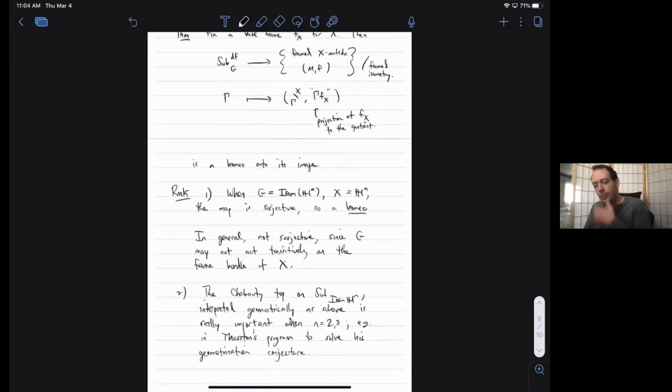So maybe what I'll do then is give you another case study of what Sub G looks like for a more interesting group than the real numbers or R2.